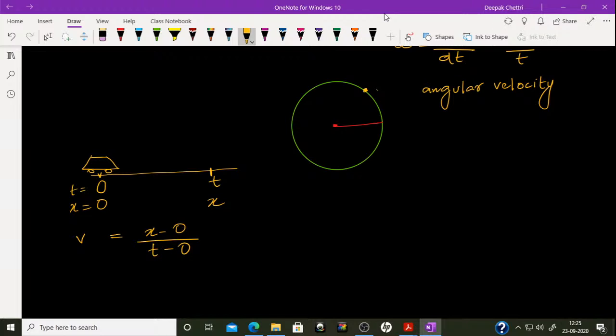In the same way, when an object is moving around a circle, I don't talk about distance, I talk about angle. Suppose this object is here now, and after some time it reaches here.